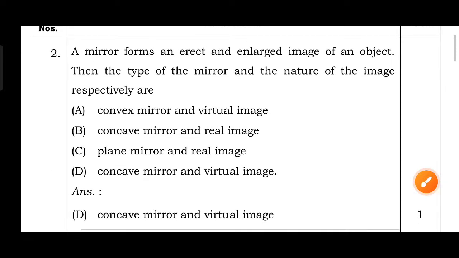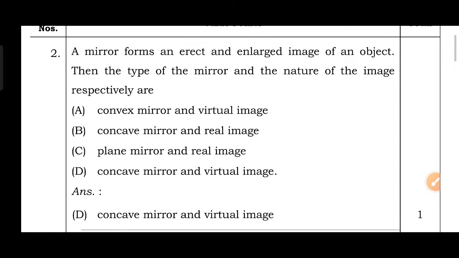Then the second question. A mirror forms an erect and enlarged image of an object. Then the type of the mirror and the nature of the image respectively are. If you take a convex mirror, all images are virtual and diminished.